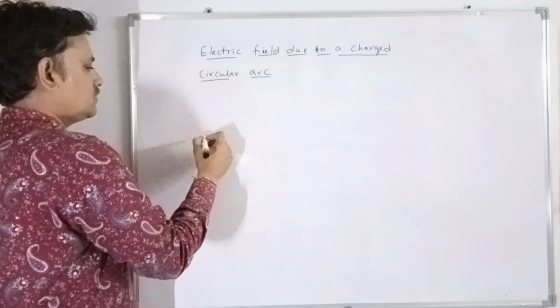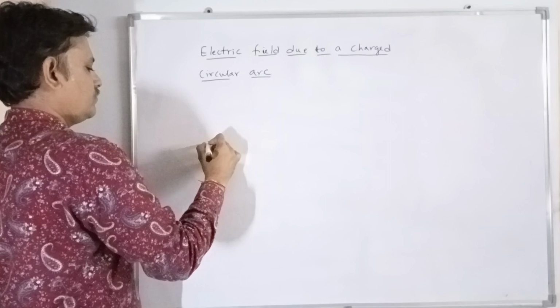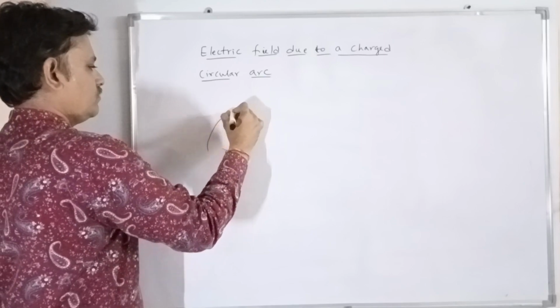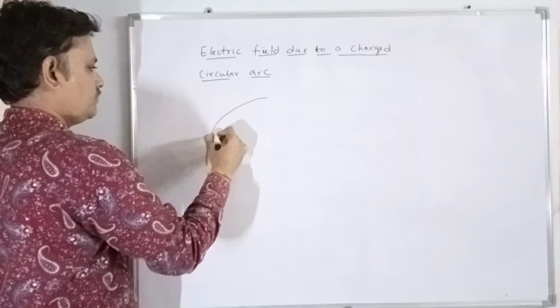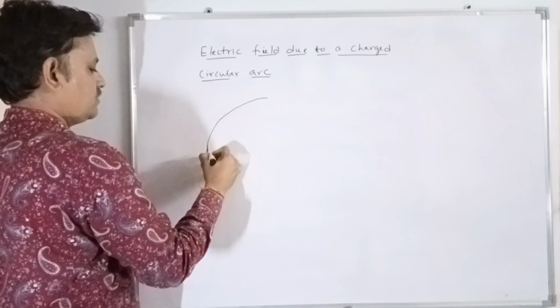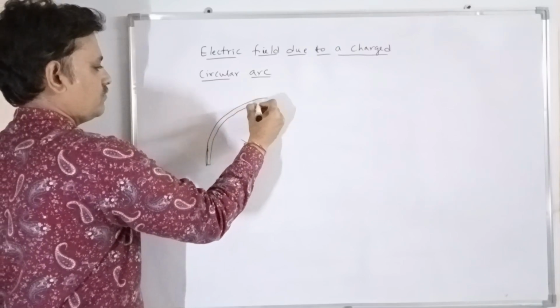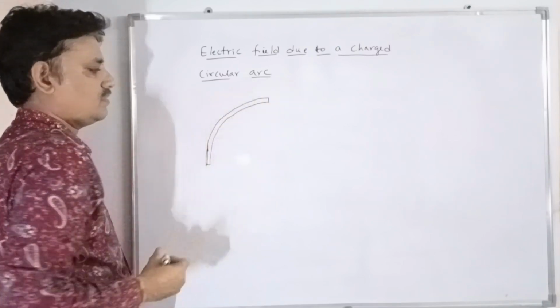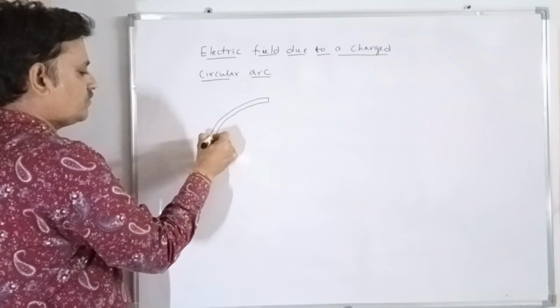Okay, so let us suppose this is a positively charged circular arc, having positive charge.